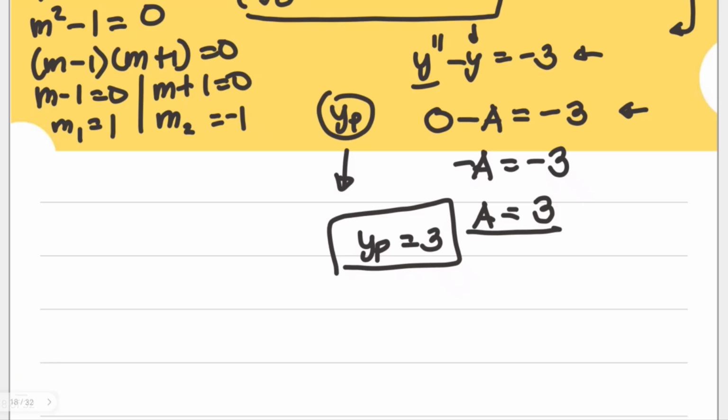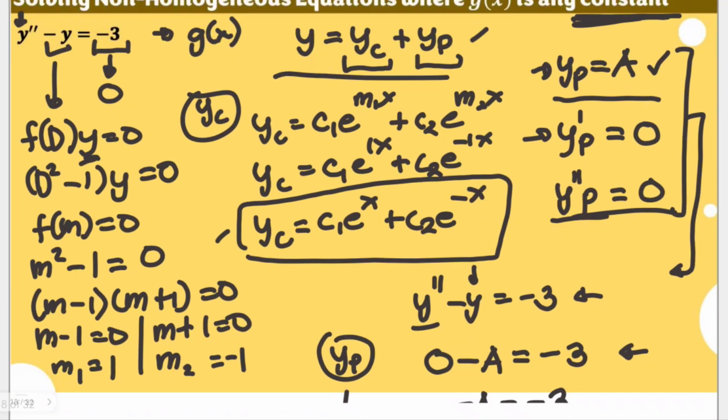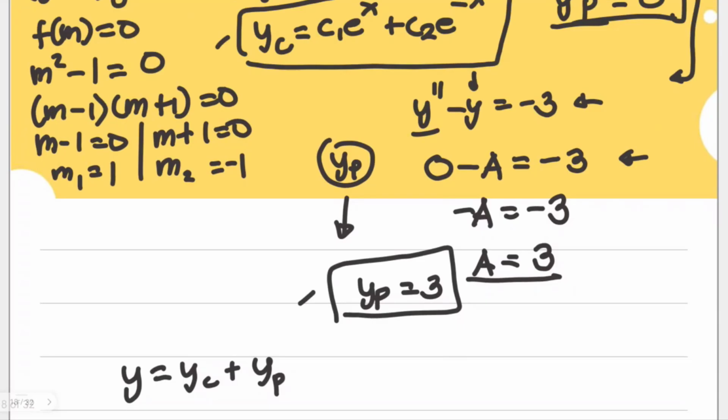Now, we have y sub p, and we had y sub c earlier. We can now present the final solution of this given equation in this form. So our solution, y is equal to y sub c plus y sub p. Our y sub c is this here.